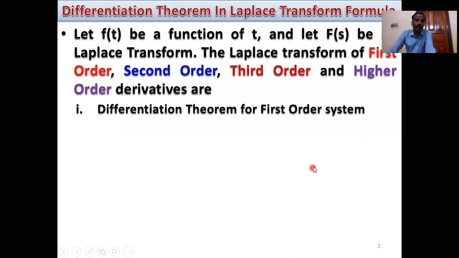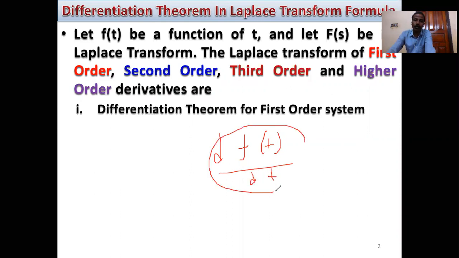In this session, differentiation theorem for first order systems. What is the first order system? If the function equals f of t, then first order system means df of t by dt.